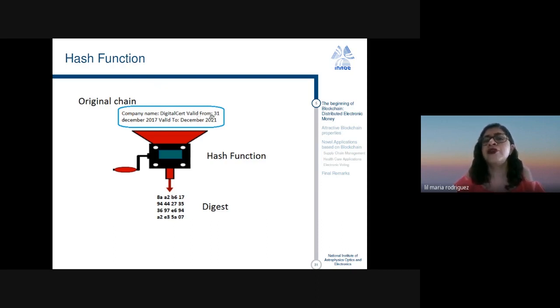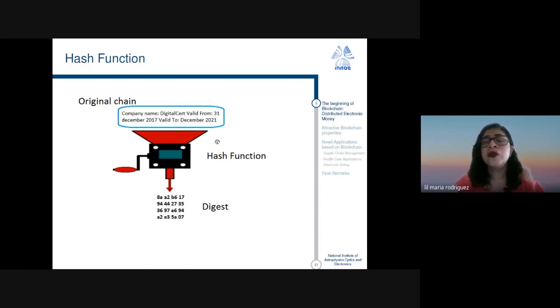Hash functions take as an input a binary string of an arbitrary length and process it to get a digest. The digest is also a binary string, but small, with a fixed length. So the idea is that this digest can help us to verify the integrity of the message.